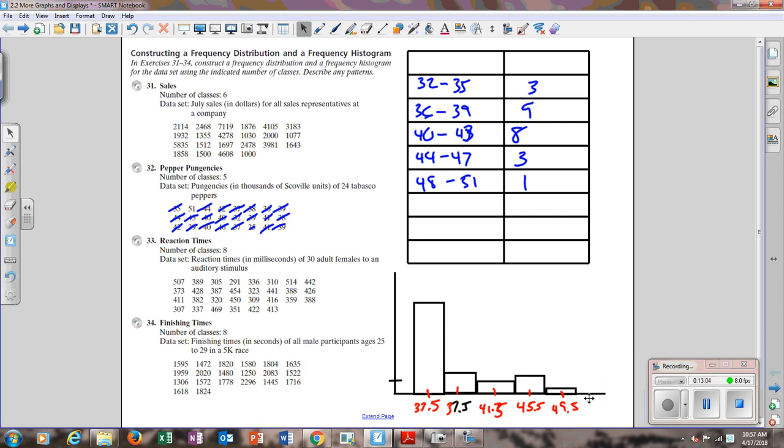We can get rid of that. Going up the side, go up by 2s again. 2, 4, 6, 8, 10.